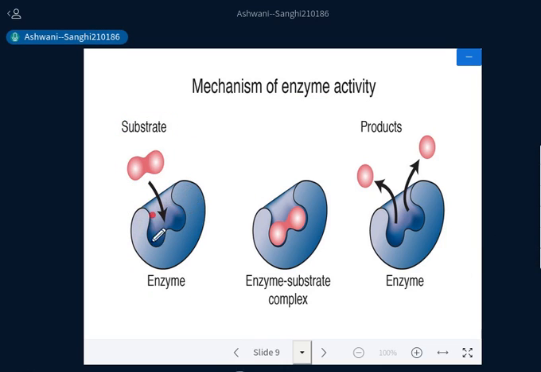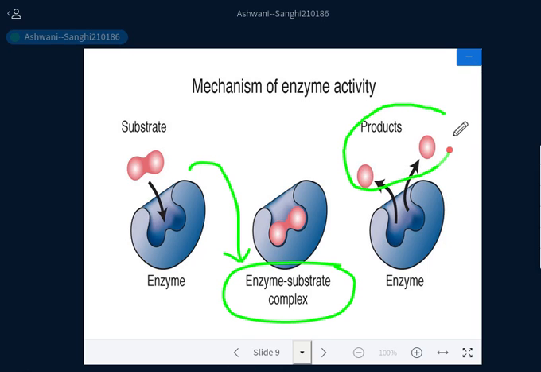So enzyme is a big molecule and each enzyme has a particular site, called the active site, where substrate binds. First, the substrate binds to the active site of the enzyme and there is formation of the enzyme substrate complex, and then the enzyme releases the product and remains itself as such.